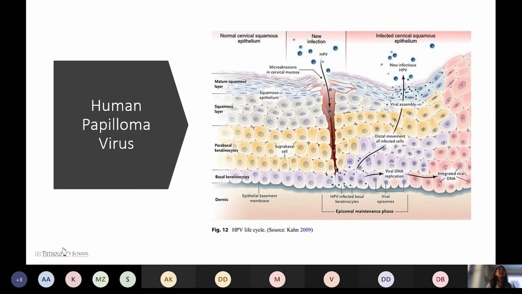That is because the basal cells have specific HPV receptors on their surface, and therefore it infects only the basal cell. For HPV to affect a basal cell or any cell for that matter, it has to be in an actively proliferating state.